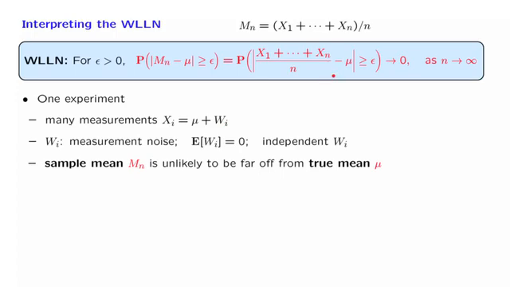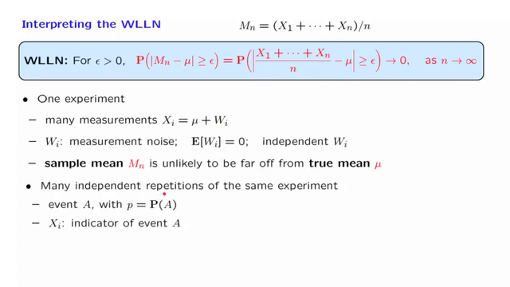As a special case, let us consider a probabilistic model in which we repeat independently many times the same experiment. There's a certain event A associated with that experiment that has a certain probability. And each time that we carry out the experiment, we use an indicator variable to indicate whether the outcome was inside the event or outside the event.